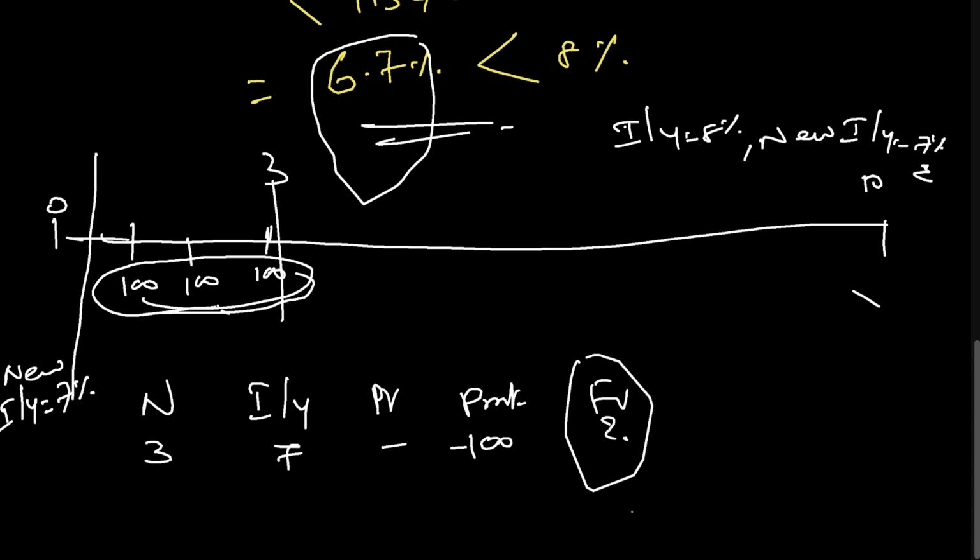So 3 N, 7 IY, minus 100 payment, compute future value, it comes to 321.49.